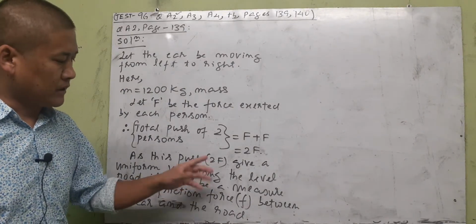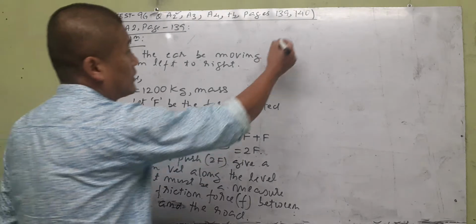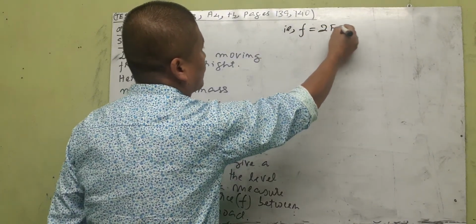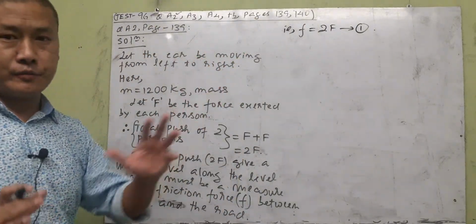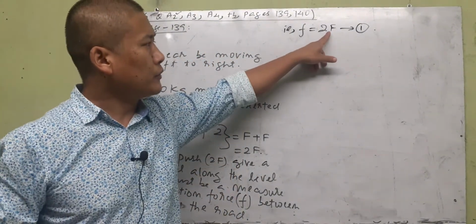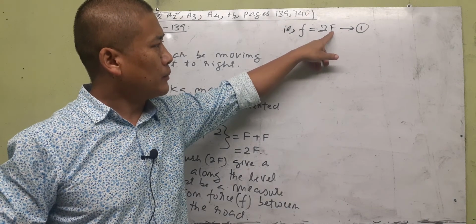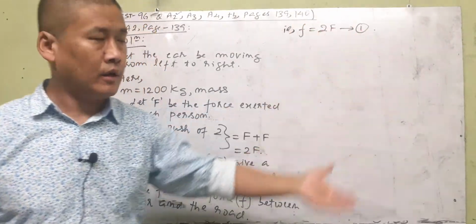So this 2F must be the friction between the car tire and the road. Okay, so this f is 2F. Friction force is equal to the force of two persons pushing. In other words, the force of the two persons pushing is able to just balance or overcome the friction and nothing extra.